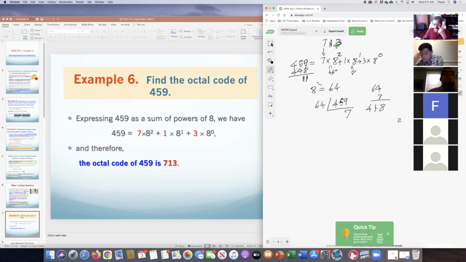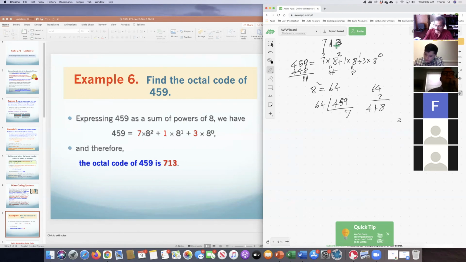So this is the octal code of 459. We read it as 713 because it's not 700. The 7 doesn't represent 100, right? The 7 represents 8 to the 2s. So you read it as 713. Anyway, that is your octal code.